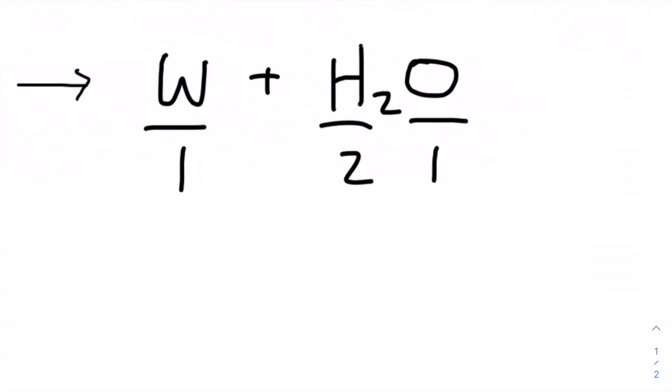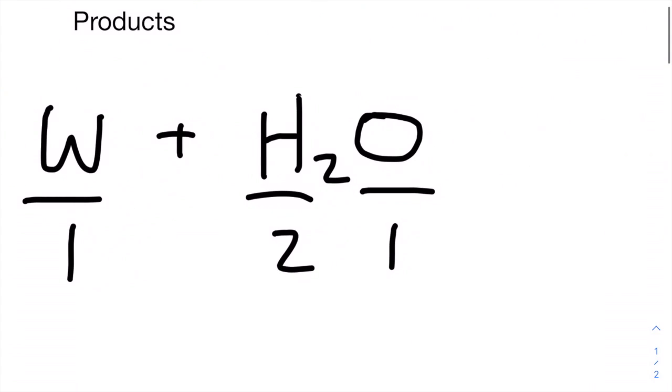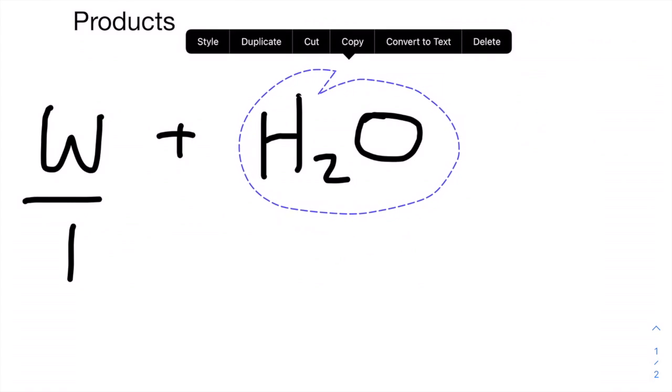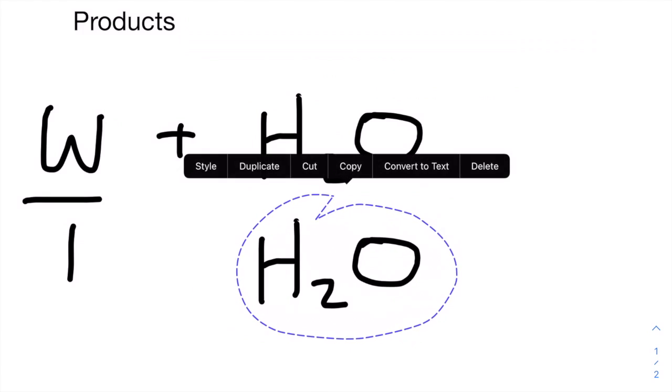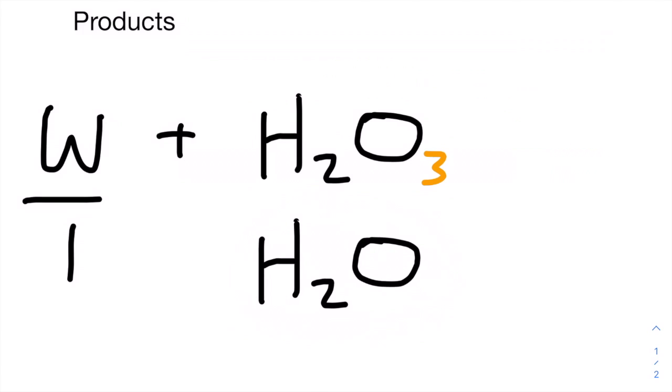So in this approach, I'm just going to copy paste my oxygen molecule, because I also can't just add a subscript of 3 here, right? Can't change subscripts. So my only chance at doing this is just having more copies of that molecule.